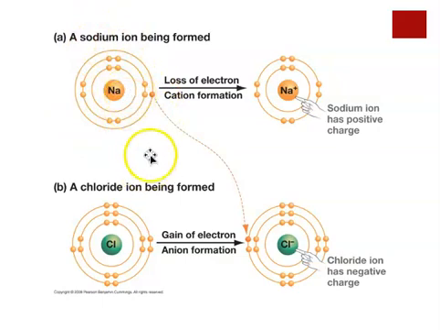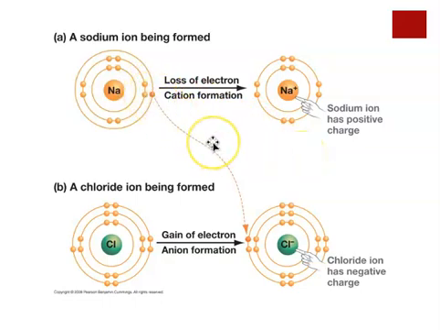This is not stable. So 2 things could happen. Either you could find a pair for this unpaired electron, you could find another electron that could be shared, or this electron can be sort of jettisoned, it can be lost, it can be taken away from that atom.